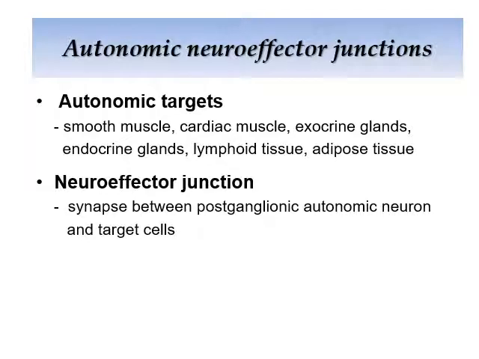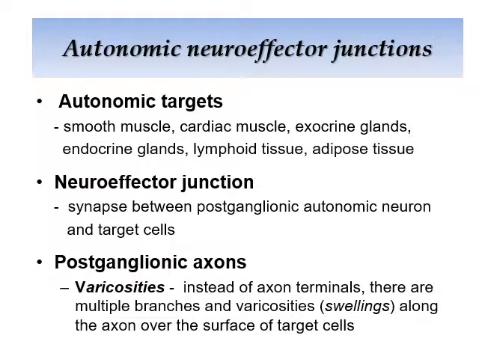It differs from the neuron to neuron synapse. Postganglionic neurons do not have axon terminals. Instead, the axon of a postganglionic neuron splits into branches bearing swellings, which are called varicosities.